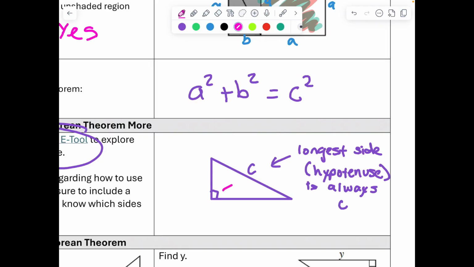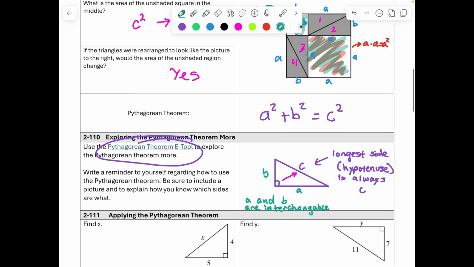And it'll always be opposite from the right angle. And then the other 2 sides, A and B, it doesn't really matter, okay? We could have A and B like this, or A and B like this. A and B are interchangeable. That's basically the takeaway from the e-tool, okay?